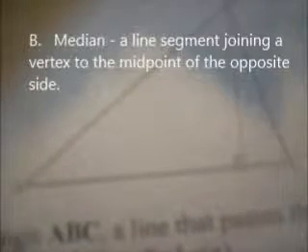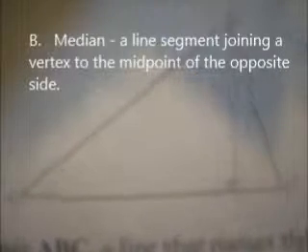Well, it does meet at 90 degrees, but it also doesn't cut it into equal parts, so it's not C. Median, a line segment joining a vertex to the midpoint of the opposite side. Well, it does start at a vertex, but it does not go to the midpoint of the opposite side because it's not at the midpoint on this side. So it's also not median.